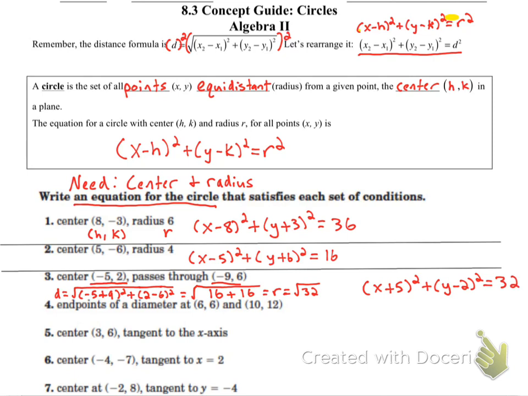I'll have x plus 5 squared plus y minus 2 squared equals 32. So the 5 and the negative 2 come from the center that I was already given. And then if r equals the square root of 32, since our formula is it equals r squared, when we square the square root of 32, it just leaves us with 32. Okay.